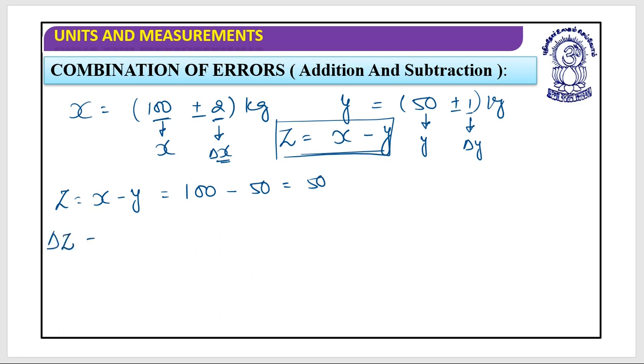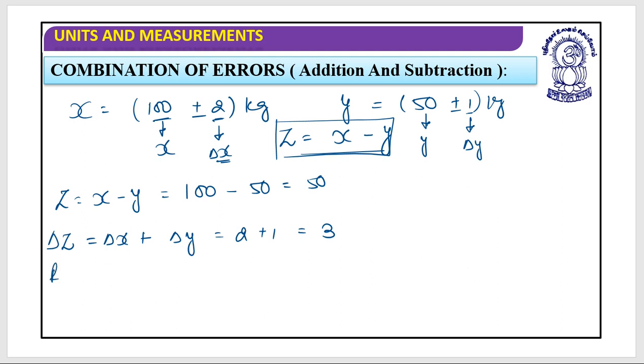Then I should find delta z. Should I write delta x plus delta y or delta x minus delta y? Remember, we have discussed that when we need to find an error, we always go with the maximum possible number. So delta z equals delta x plus delta y, which is 2 plus 1, so 3.